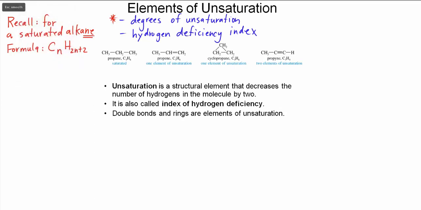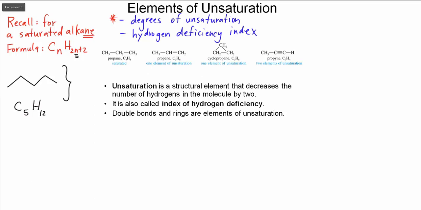So let's say we had a 5 carbon system. We would have C5H, and 2 times 5 is 10, plus 2 gives 12.